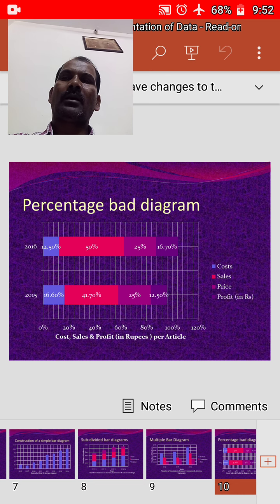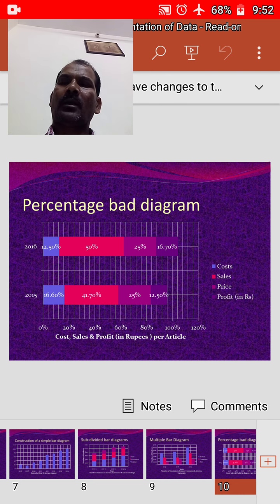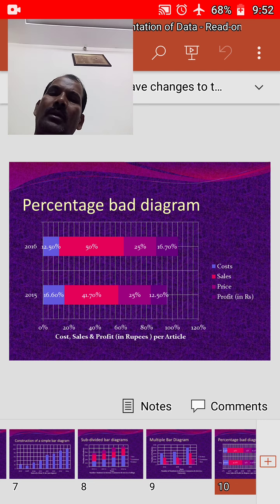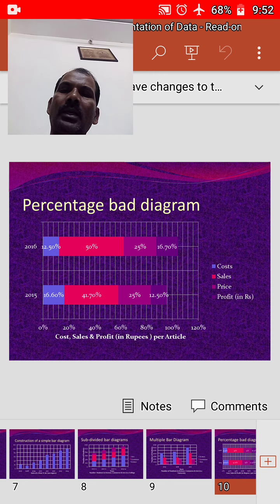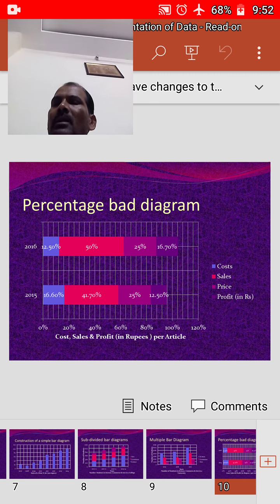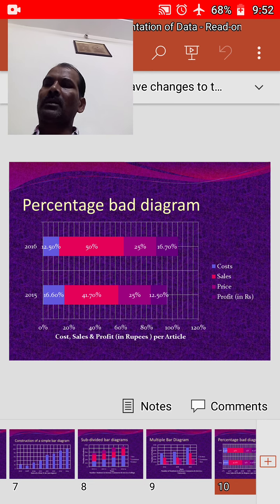If we represent this data in the form of a percentage bar diagram, we will have the diagram shown in the PPT. First we need to take the sale price per article X as 100 and express the other figures in percentages. In 2015, material is 50%, wages 25% and overheads 12.5%.